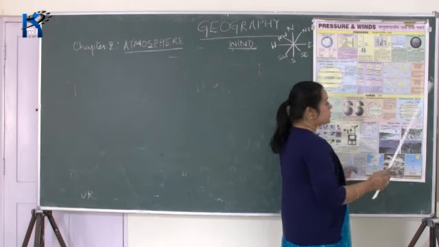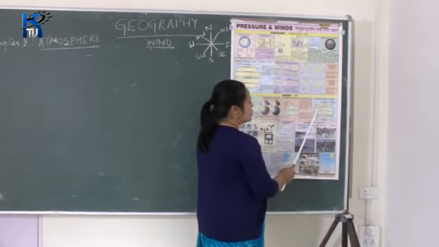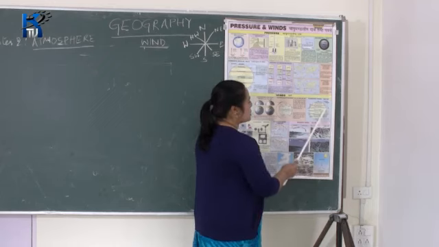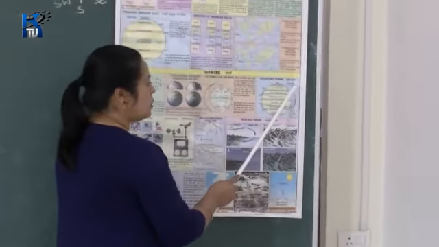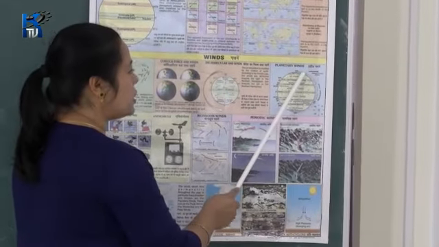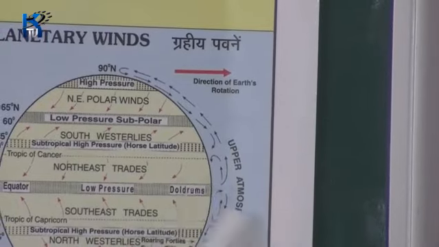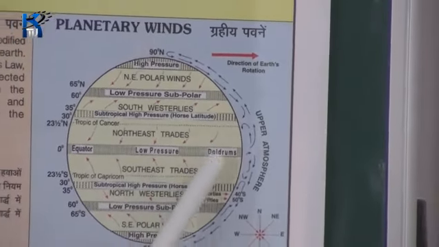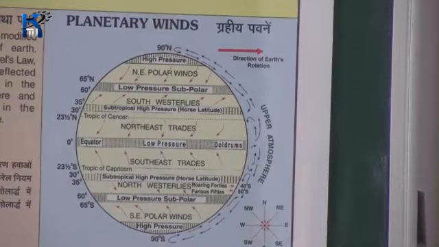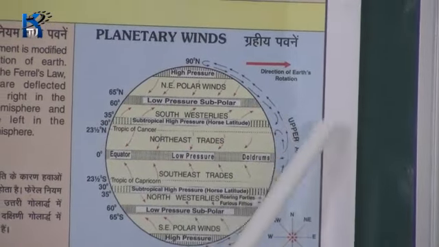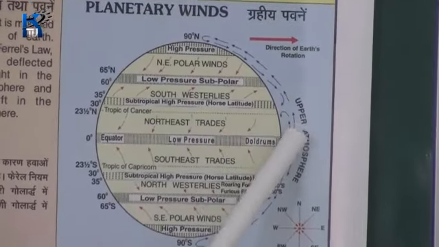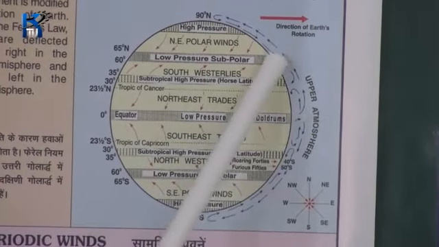As I already explained how pressure belts are formed, how these cells are formed, that is, Hadley cell, Ferrel cell and polar cell, I explained in my previous class. These cyclones are the converging winds. The converging winds in the subtropical region form in between the Hadley cell and Ferrel cell.